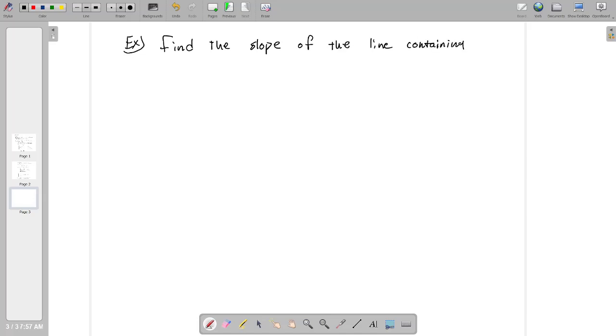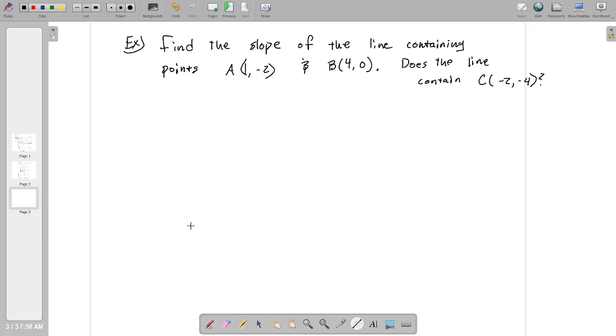Find the slope of the line containing the points A (1, -2) and B (4, 0). Does the line contain C (-2, -4)? So let's start with just finding the slope. m will equal y2 minus y1 divided by x2 minus x1. When we have 2 points, we have an x1 and a y1 in our first point, and an x2 and a y2 in our second point.